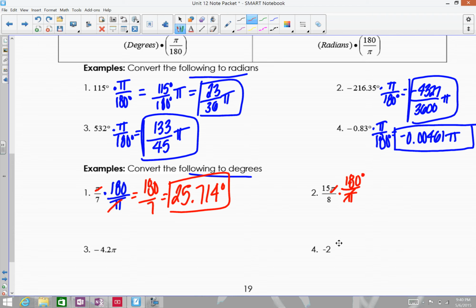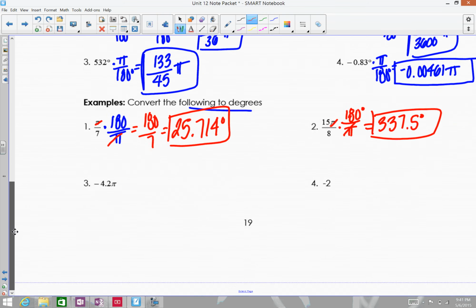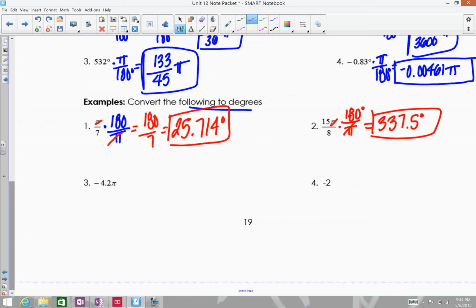So we cancel out the pi's, and we end up with 337.5 degrees. Moving on to number 3, we do again 180 over pi so that the pi's cancel. And you end up with negative 756 degrees.